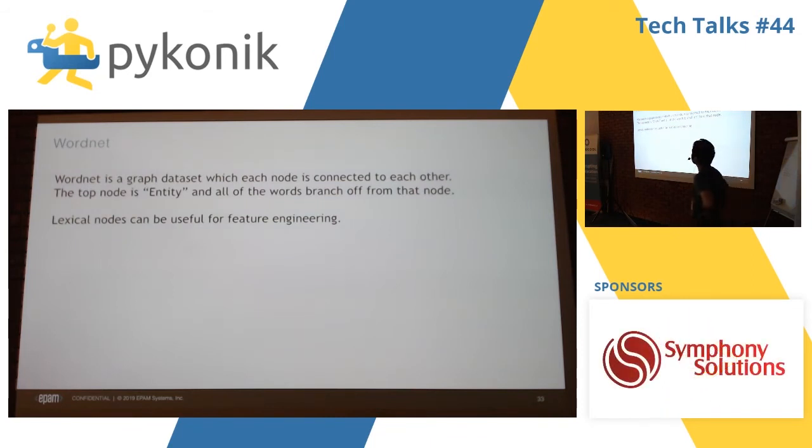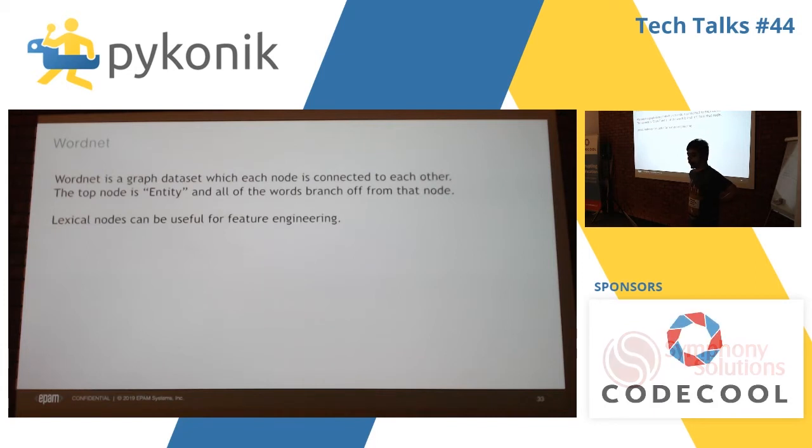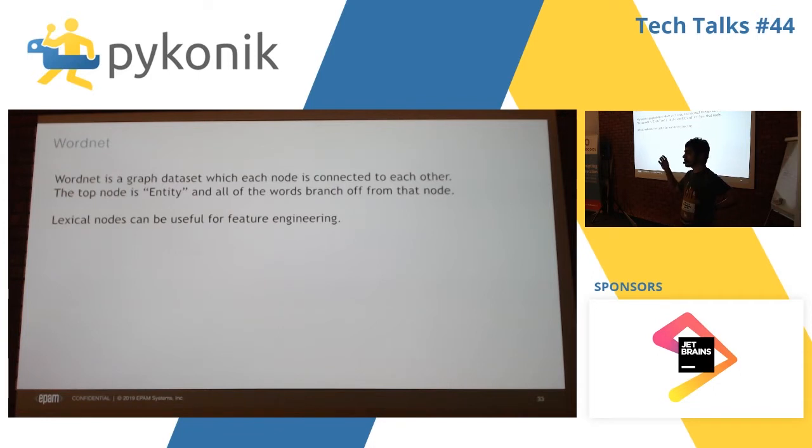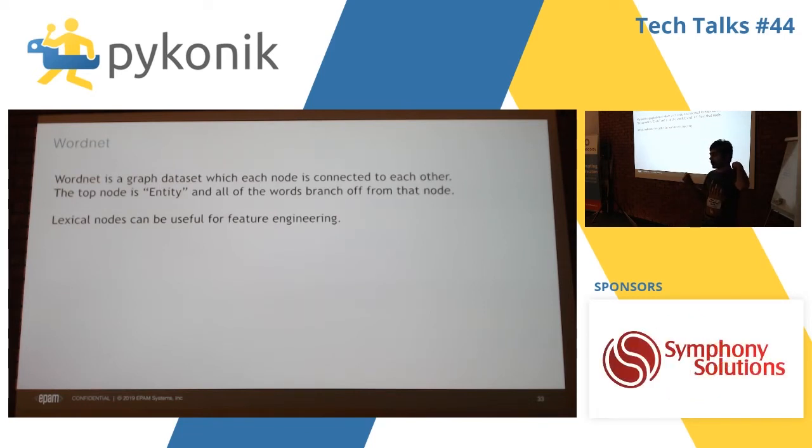So how does it work? WordNet is a graph where each node is connected to each other, and the top entity is entity. Everything is connected to entity. For instance, me and banana are somehow connected to each other, because at the very top we have an entity. So I can measure the distance between me and banana.